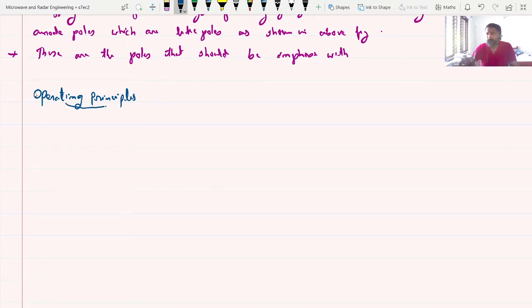In the absence of oscillation, in the case of the magnetron oscillator, the electron motion is radial. You can see that.